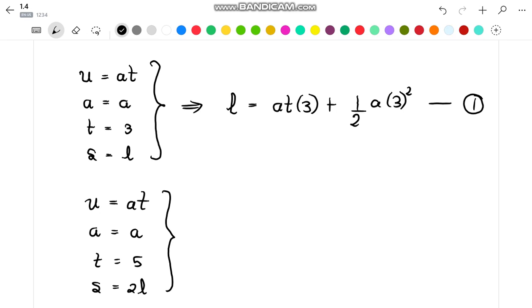Rather than just observing the last bogie, we are now observing the last two bogies combined. Again, we can apply second equation for this particular data set. I can write 2L is equal to u t plus half a t square.